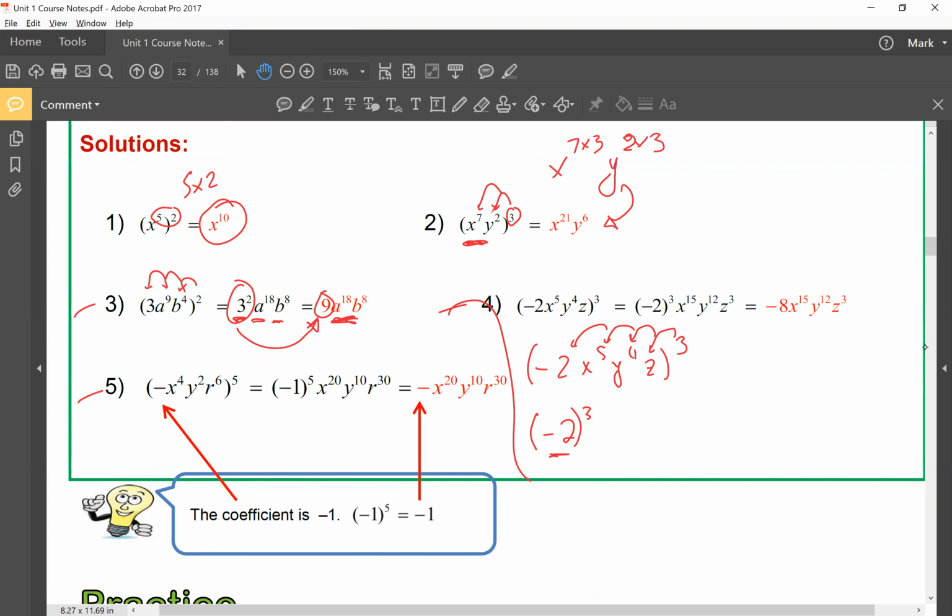Okay, notice that I'm cubing that whole -2. This is going to be 5 times 3, 4 times 3, and 1 times 3. So that means I get a -8, 15 x's, 12 y's, and 3 z's.